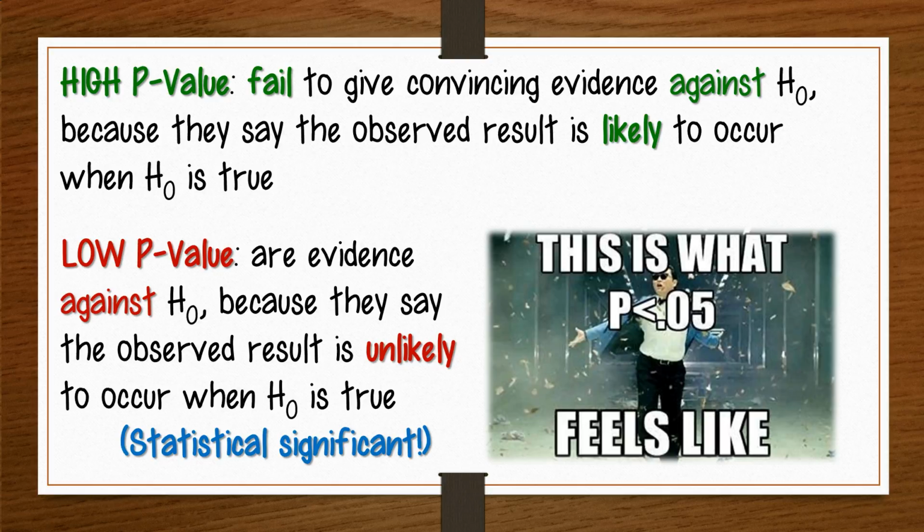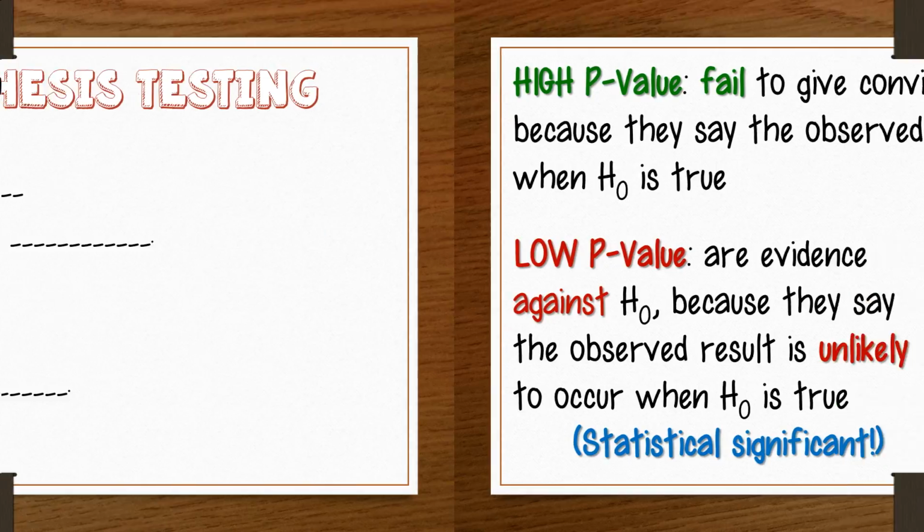However, if you have a low p-value, that means H0 must go. Evidence against the null is very strong because it is unlikely to actually occur. And that's when it becomes statistically significant, like drawing 7 red cards in a row. You might want to turn over that deck and make sure it's actually half and half. Usually 0.05 is our cutoff value.